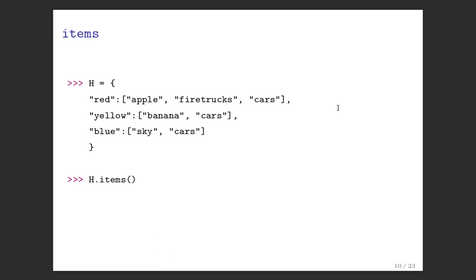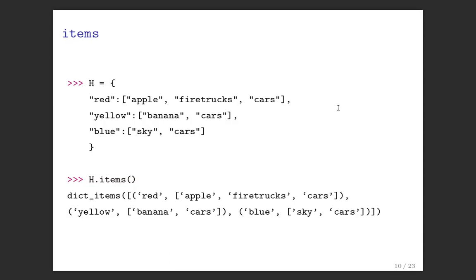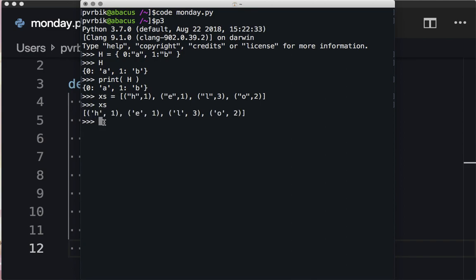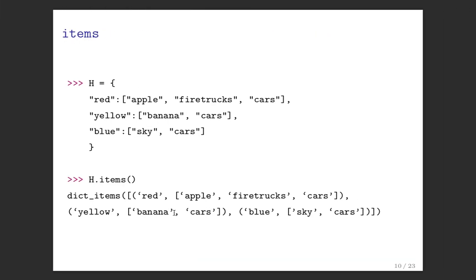But in any case, dictionaries have three things: values, keys, and items. So the items are these tuples that I've been talking about. If you ask for the items of a dictionary, what you're going to get back is this representation. But you see how it's returning something that's sort of bracketed in this dictionary item thing?